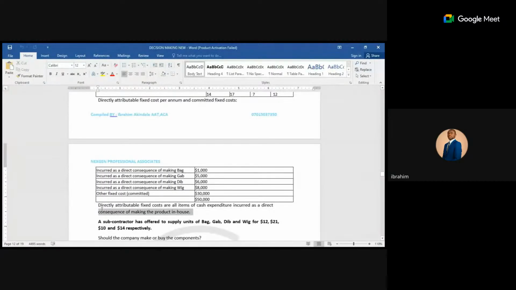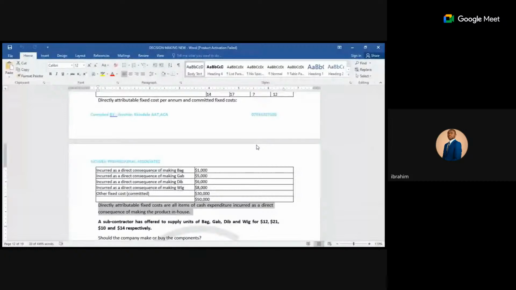Can you see it? So you consider all relevant costs. If you want to produce product A, what are all the relevant costs you need to incur? Then you compare it with the supplier's cost. Then you decide, should we make this internally or outsource?